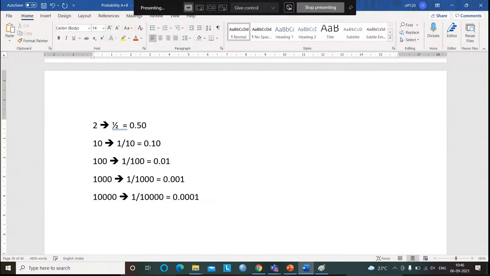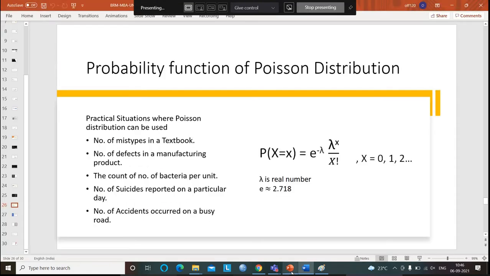And here, if I take the next case, instead of 10,000, I'll take 1 lakh. Then what happens? The probability of selecting one person becomes 1 by 1 lakh. That means 0.00001, four zeros and 1. That means the number of trials is increasing indefinitely.